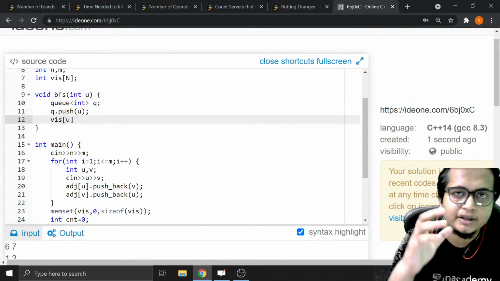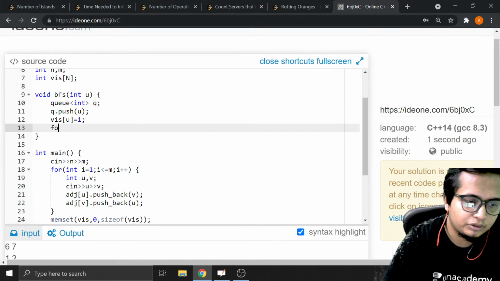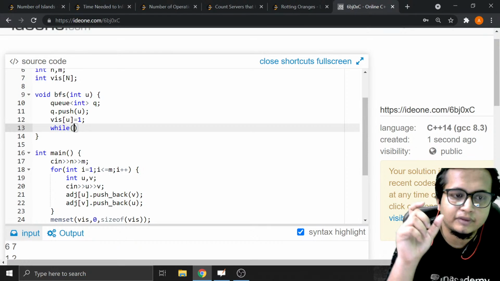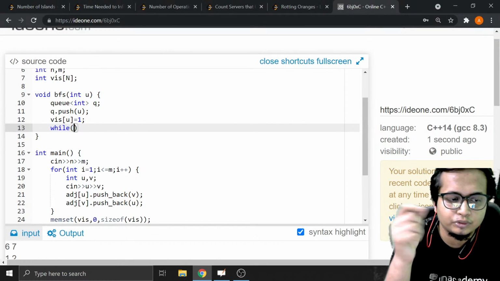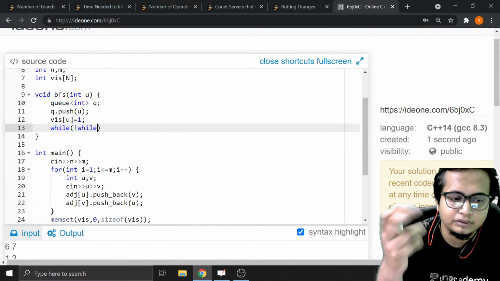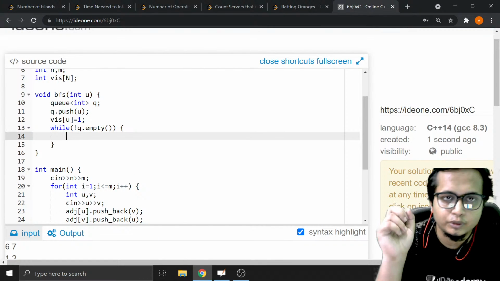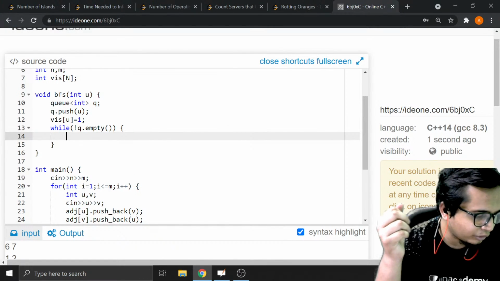As I told you, whenever I add a node to the queue, I mark it visited right there. Once I have added my source node to the queue, I will traverse the queue as long as I still have nodes. So I'll do while the queue is not empty.